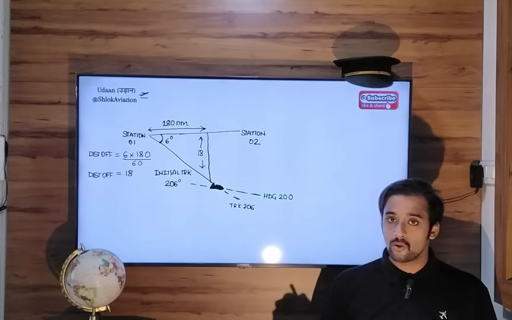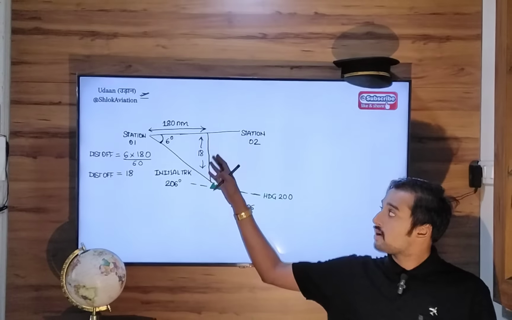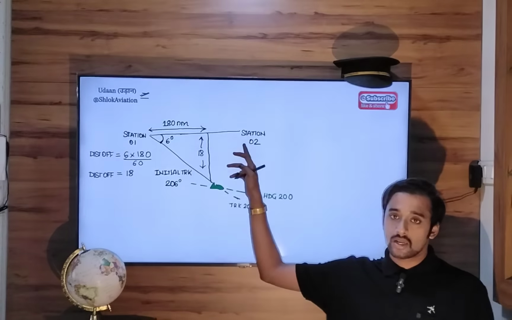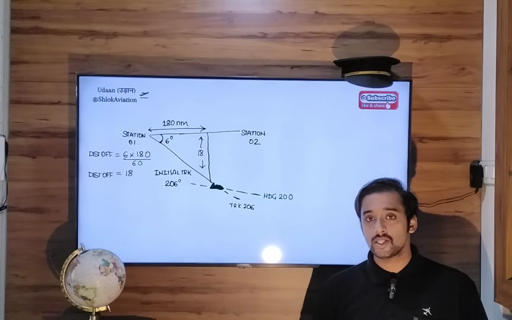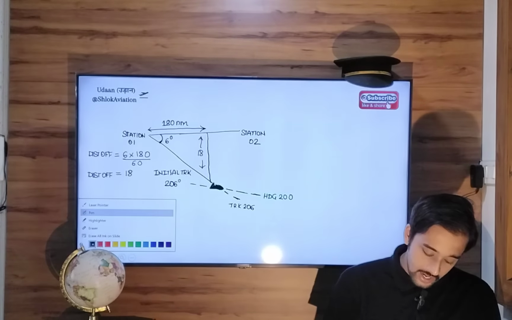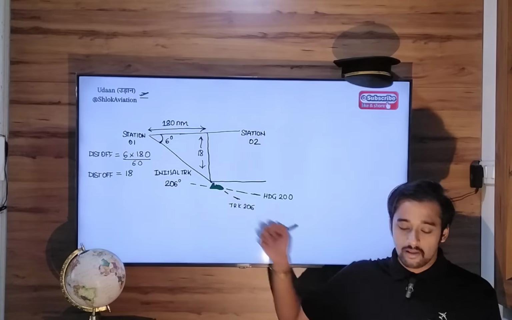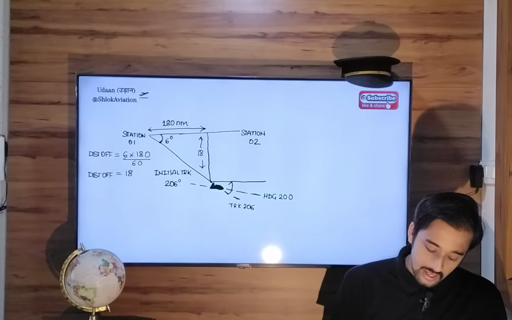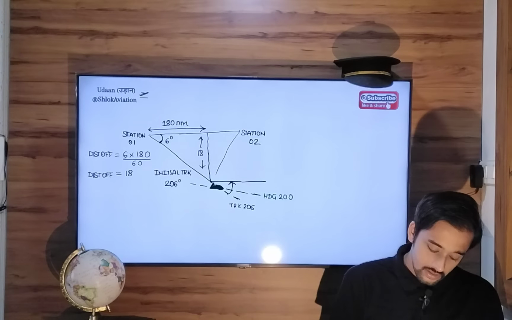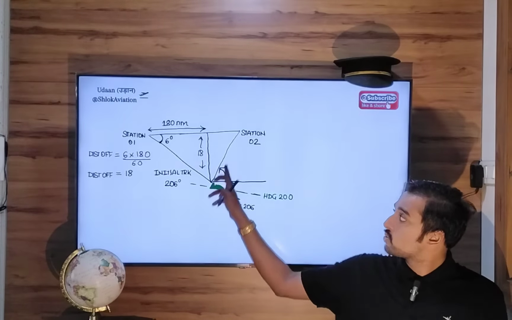Now if we continue flying like this on track 206, we will keep flying away from our intended track, and away from station number 2. So our first step is always to stop that deviation, and therefore we will first fly parallel to this track. We will make a left hand turn and fly parallel. After that we will again make another left hand turn to go directly towards the station.